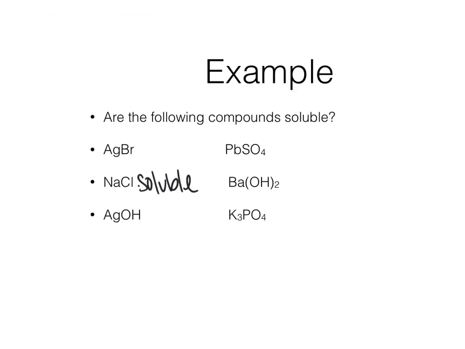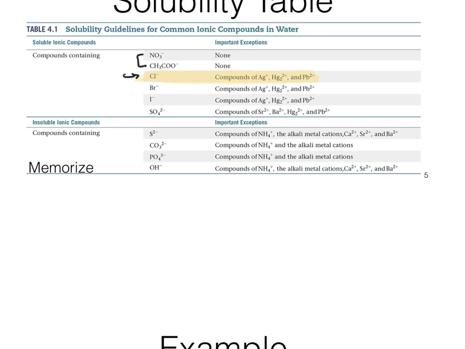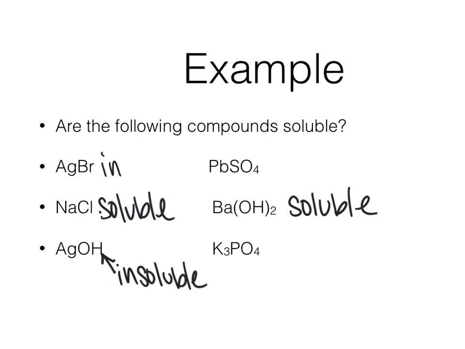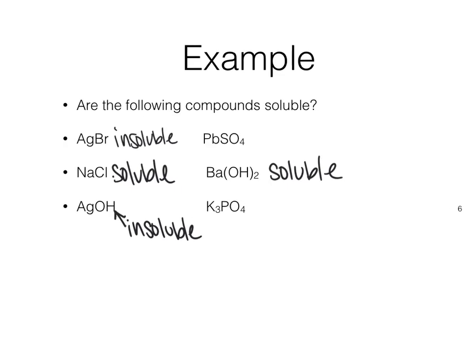That tells us that the barium is going to be soluble and the silver hydroxide will be insoluble. So silver bromide, an important exception, will be insoluble. By memorizing the table, you'll be able to predict what they are. The other thing is with time, we'll learn that there are trends.